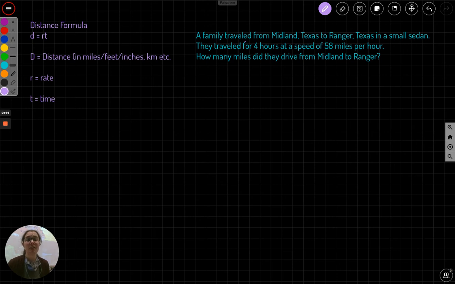And something really important to notice, make sure of, is that your time units and your rate units are the same. So if I say I'm traveling at 30 miles per hour for 30 minutes, I can't just plug these into my formula because my units don't match.